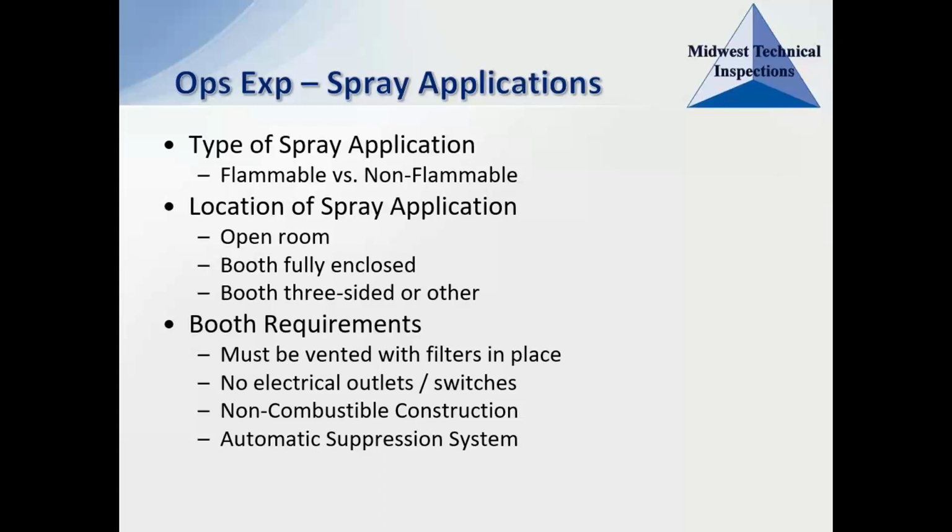You can do it out of masonry, like concrete block or brick or something like that, but those tend to be more porous and they may trap some of the vapors in the wall materials and make it harder to clean it up, and you have the buildup of these then flammables on the walls. So most of the time we see that it's the metal construction because it's just easier, it's cheaper and it's easier to clean.